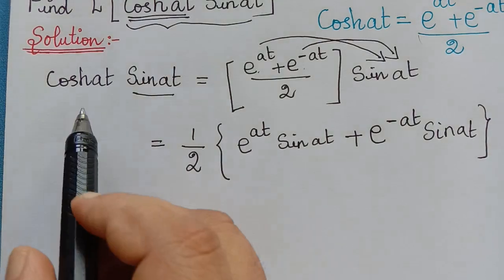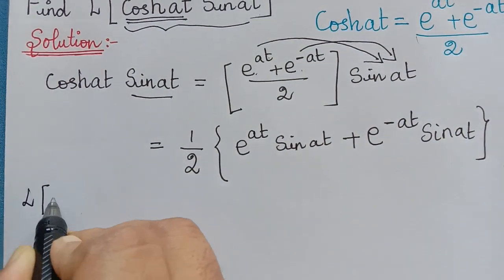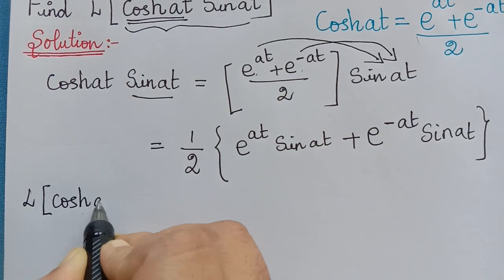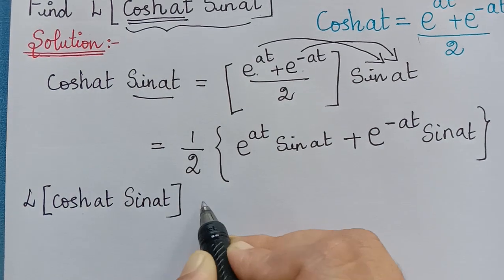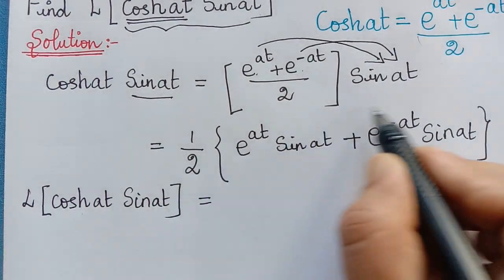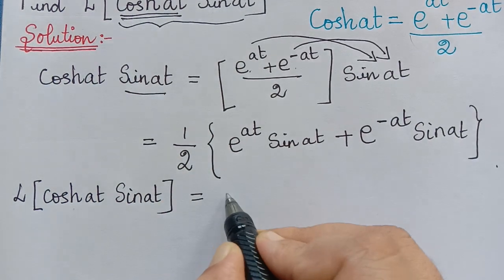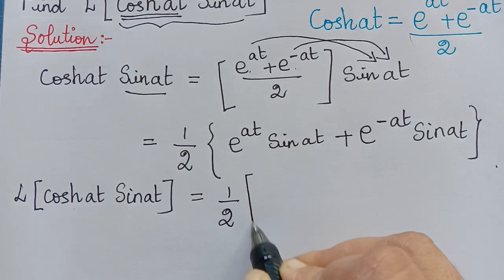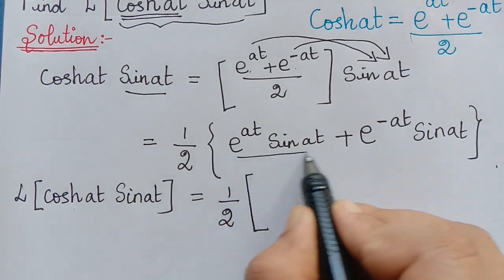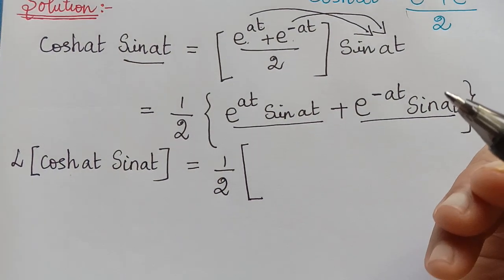Now we have to take the Laplace transform of this term. So the Laplace transform of cosh at sin at will be equal to the Laplace transform of this complete term that we have obtained. The constant 1 by 2 can be retained outside. So 1 by 2 multiplied with the Laplace transform of each of the terms separately, which can be taken by using the linearity property.